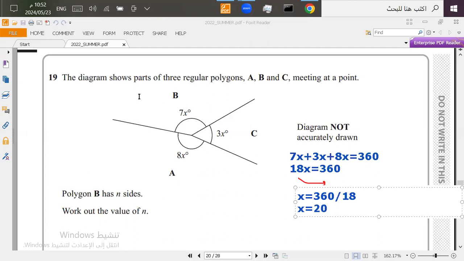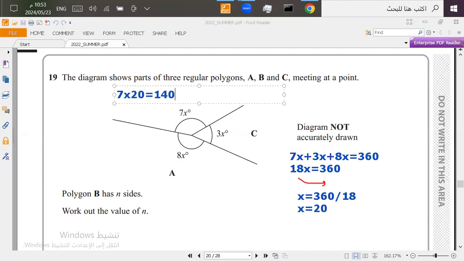So x equals 20. Now, we take 20 and multiply it because we're working on polygon B. We're going to multiply 20 by 7. So 7 times 20 equals 140. So the interior angle of this polygon is 140.